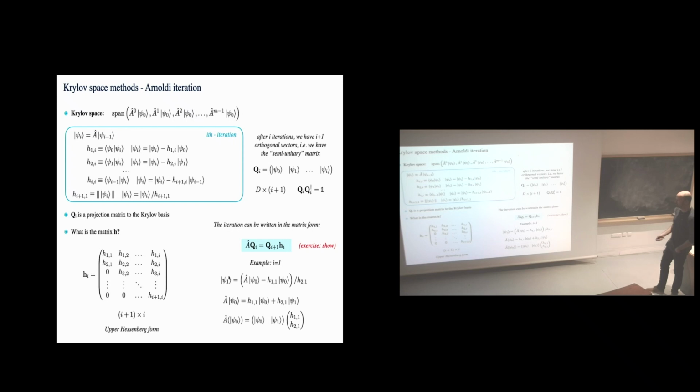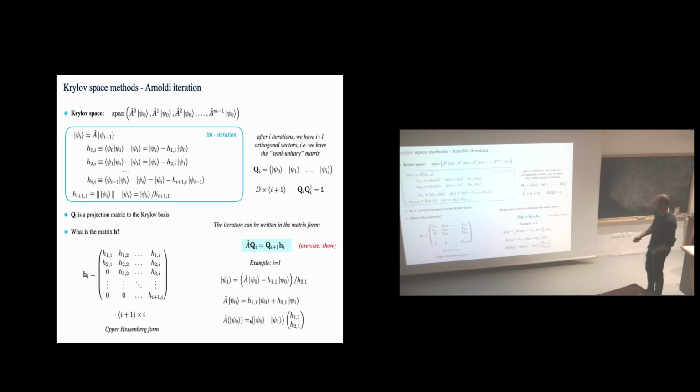Let's say I take my state psi1 that I got from this iteration. The way that I got this is I applied A to psi0, the initial state, then I subtracted the overlap with the initial state, and then I divided by the norm. If I massage this equation a bit, I can write this as A psi0 equals h11 psi0 plus h21 psi1.